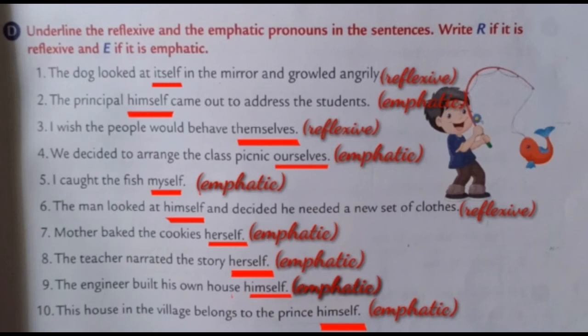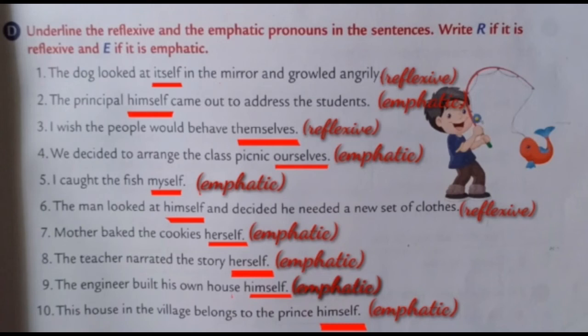The principal himself came out to address the students. Here the answer is himself. What kind? Emphatic. Third one, I wish the people would behave themselves. Here the answer is themselves. What kind is it? Reflexive.